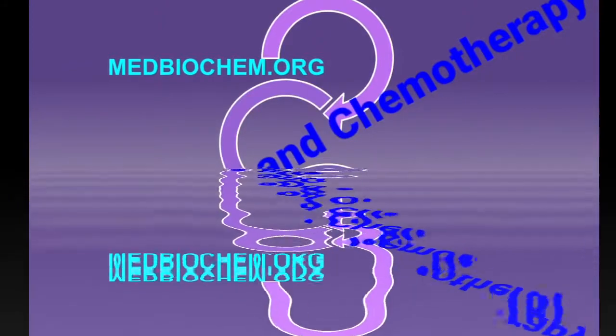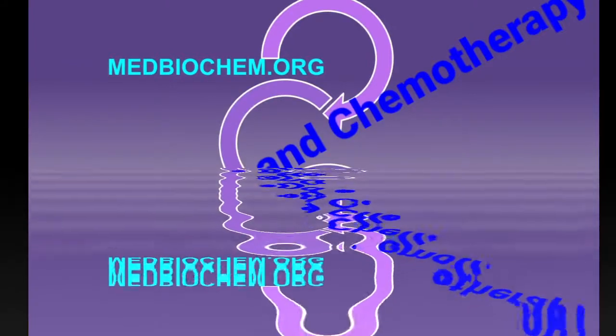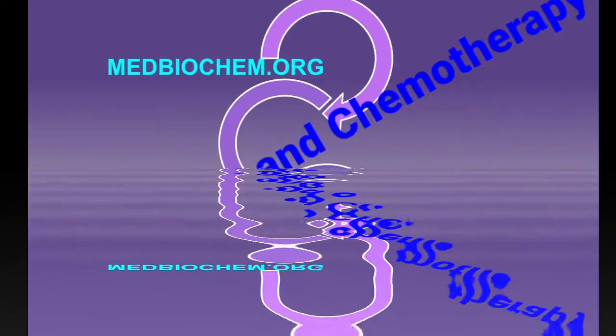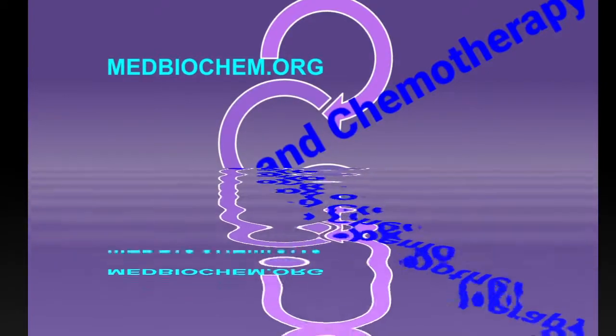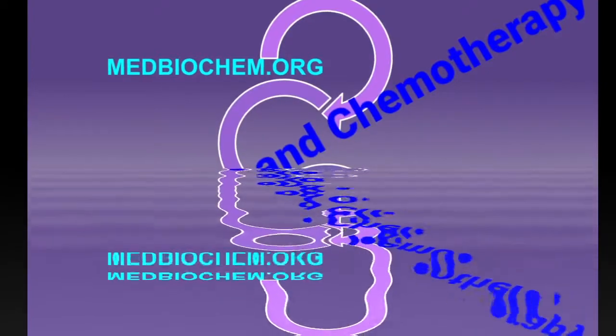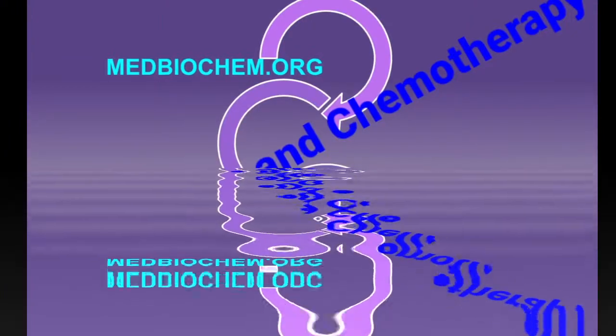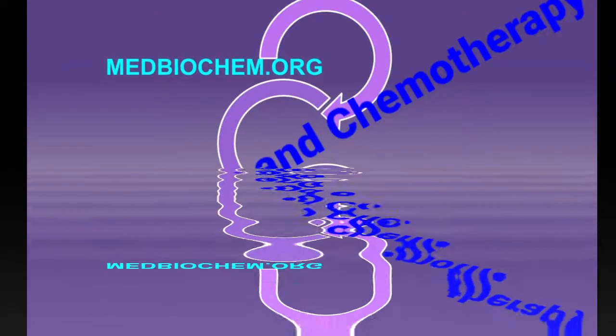The first one is dihydrofolate reductase. This enzyme converts folic acid, a vitamin that we get from the diet, to tetrahydrofolate, the active form of folic acid.